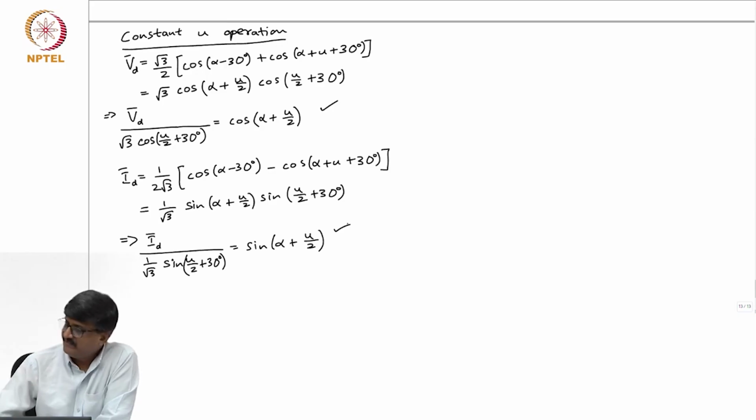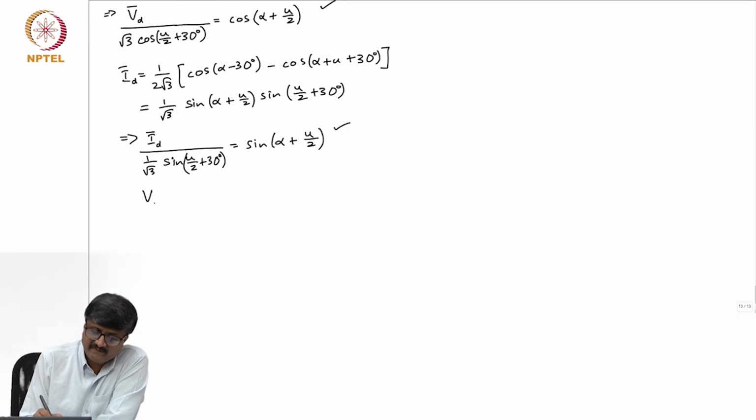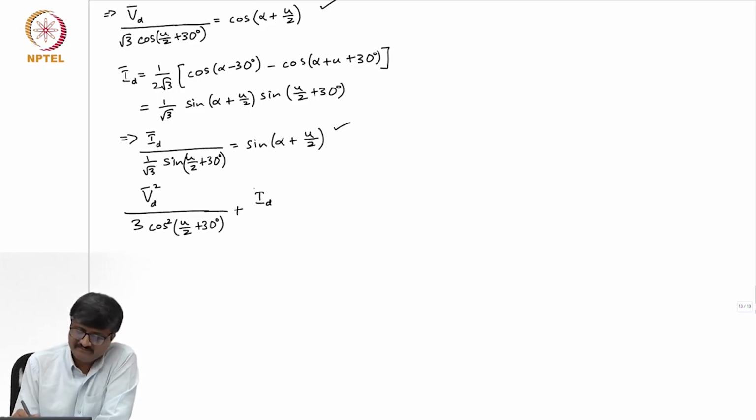So I get Vd square divided by 3 cos squared(u by 2 plus 30 degrees) plus Id square divided by 1 by 3 sine squared(u by 2 plus 30 degrees) equal to 1.